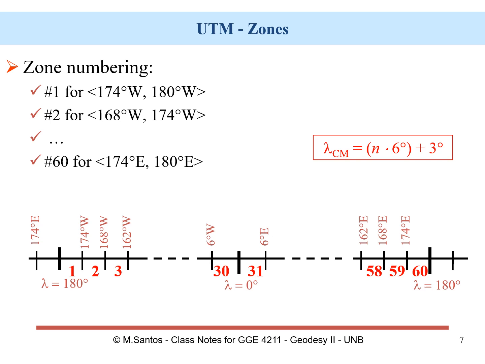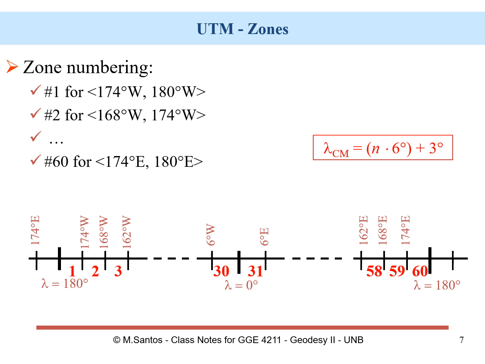So the second zone will be limited by the meridians 174 degrees west, 168 degrees west, and so forth, until zone number 30 reaches Greenwich. We can see lambda equals 0.